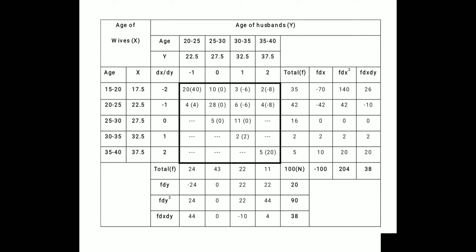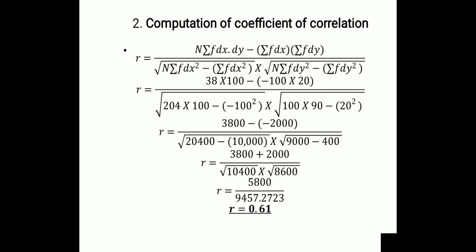So this will complete the total calculation of this table, and we have to substitute all these values into the formula. So when we substitute all these values into the formula, n into sigma f dx dy minus sigma f dx into sigma f dy, divided by root of n into sigma f dx square minus sigma f dx whole square, into root of n into sigma f dy square minus sigma f dy whole square.